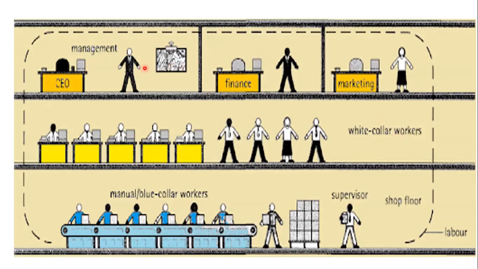And then on the top of this labor line, we have the management floor. Management means that they manage, that they are in charge of something. And last year we studied expressions like in charge, handle, manage, okay?